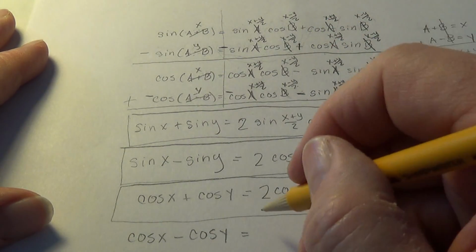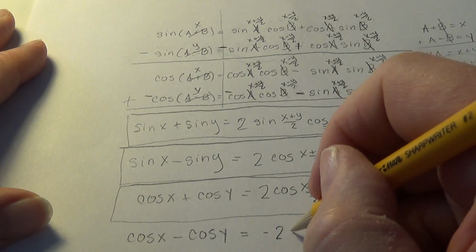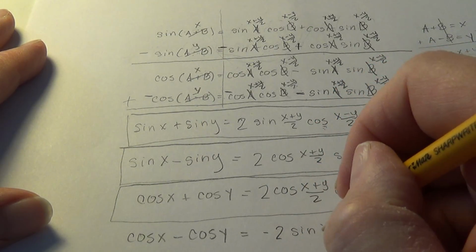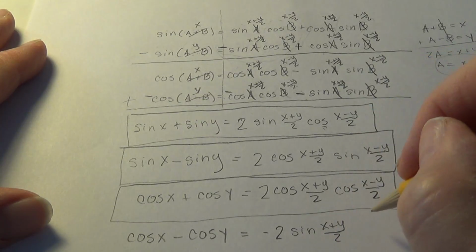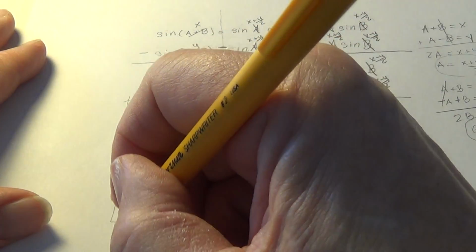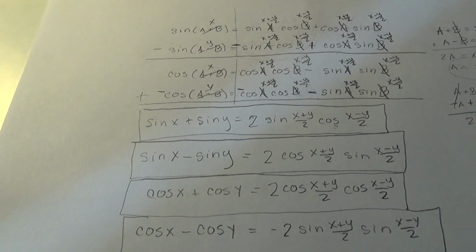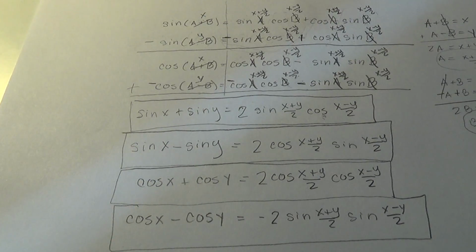These two, they're both negative, so I'm going to get -2 of these terms. All right, those are your 4 new trig IDs for today.